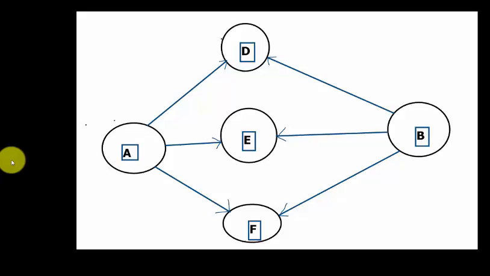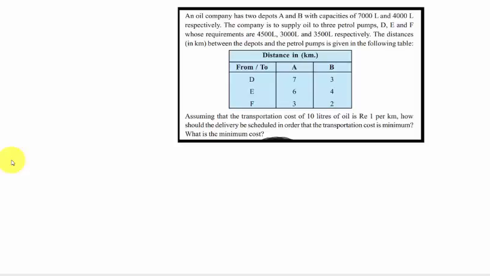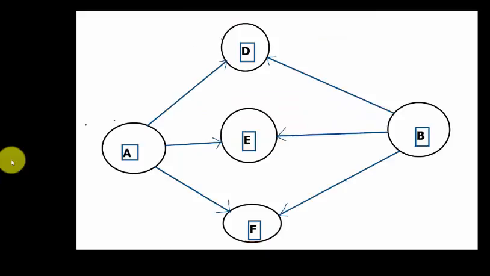Now once you make this, mention all the requirements here. So the requirements at D, E and F are 4,500 liters, 3,000 liters and 3,500 liters.